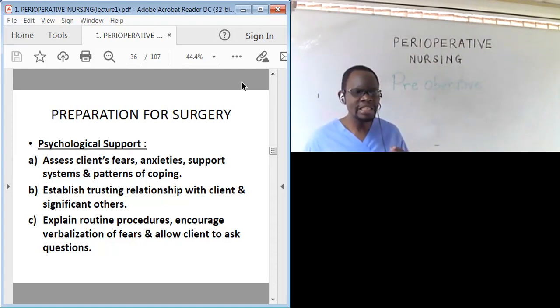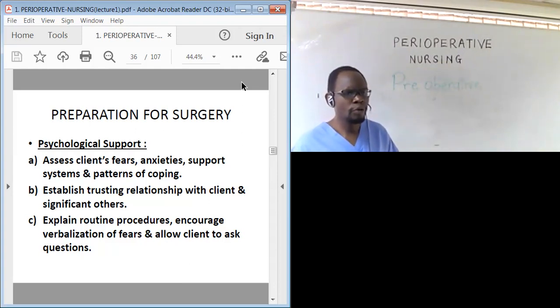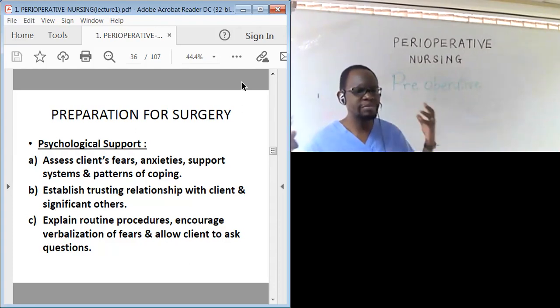Please make sure that you win the trust of the client, but not only the client, also the family. You have to make sure that they trust you, that you will be able to help them go through this situation of surgery.